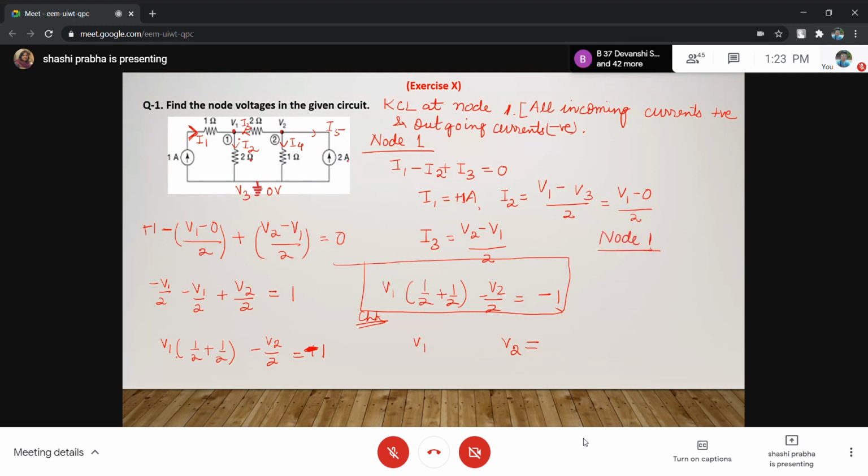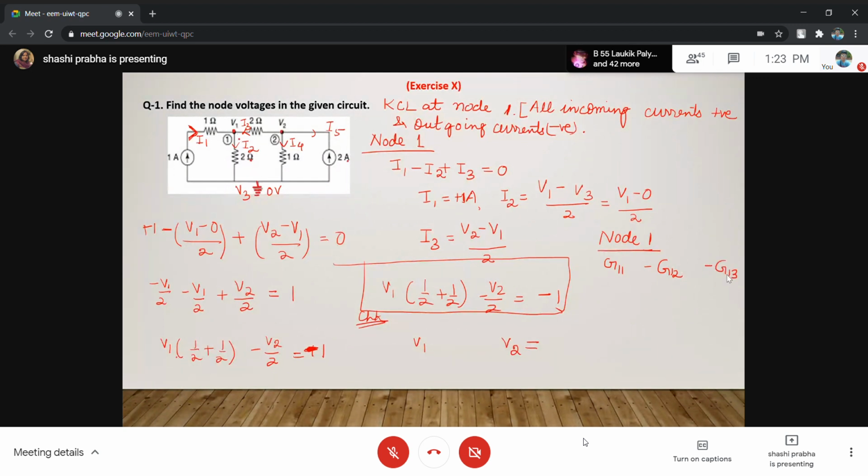Node 1 means just like loop 1. When you were taking loop 1, what were you taking as a reference? R11, R12, R13. Now you will take references G11 minus G12 minus G13.